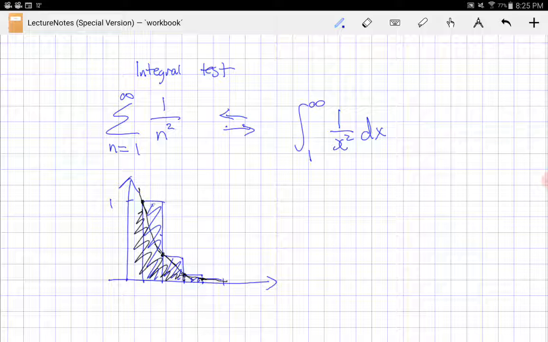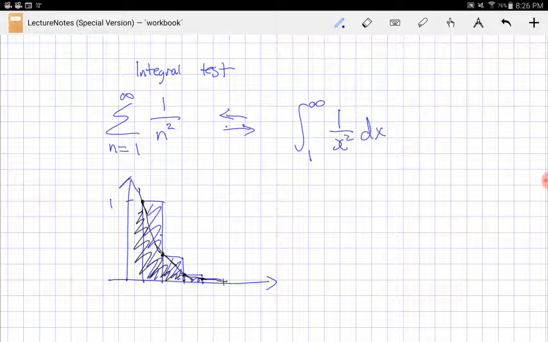It very clearly looks like the blue rectangles are consistently larger than my black integral function. So we can comment on the behavior of what's going on, but we still have no idea what the series actually sums up to.